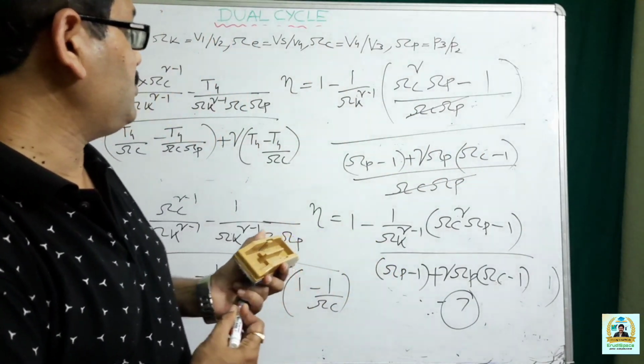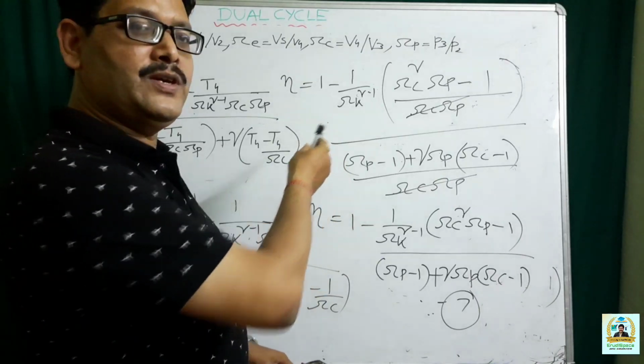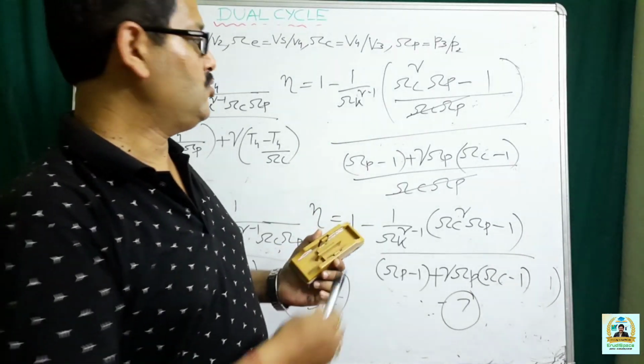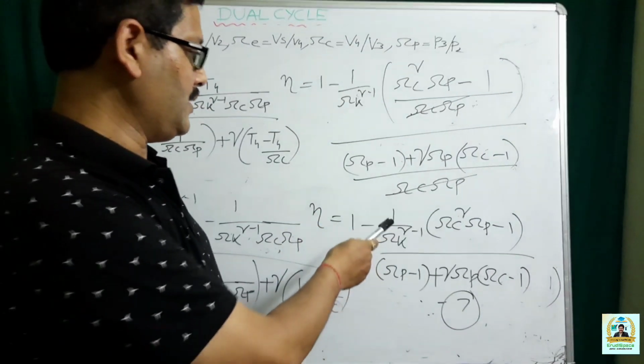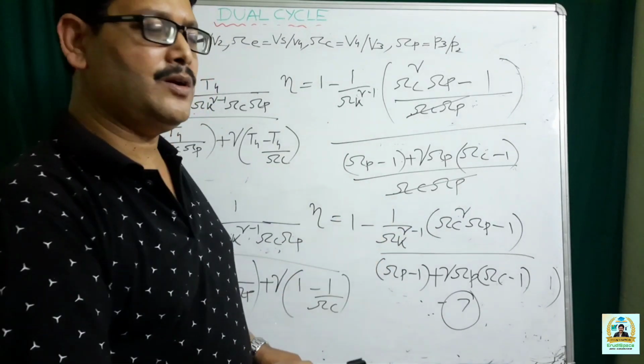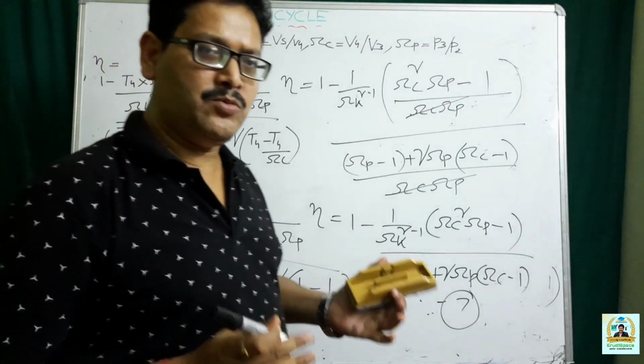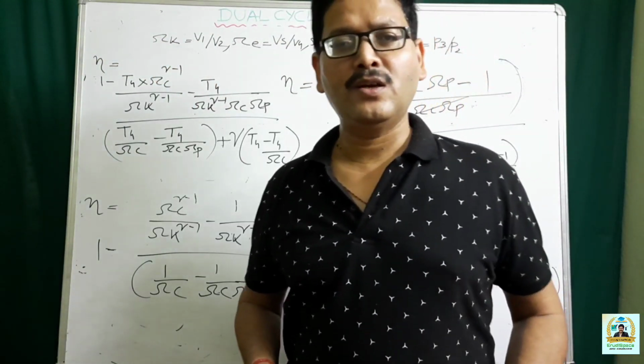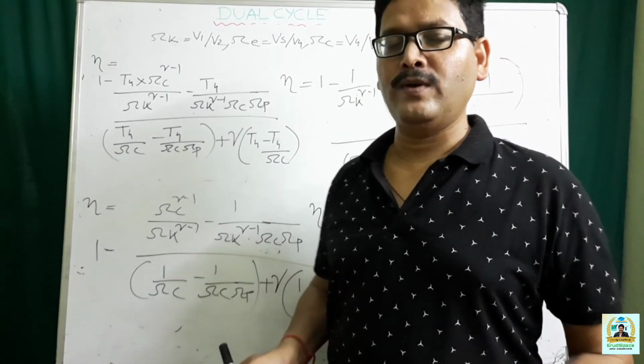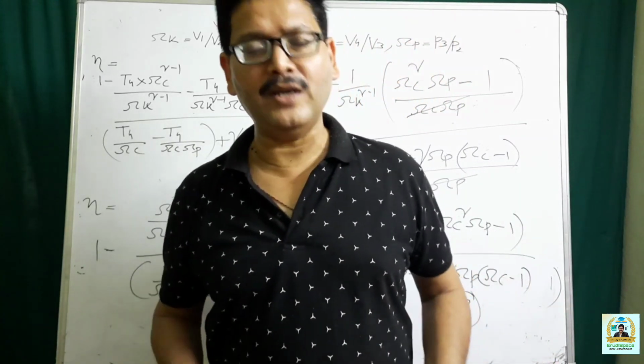So this is all about the efficiency of the dual cycle in terms of compression ratio, cut-off ratio and constant volume pressure ratio. Already we have derived the expression for efficiency in terms of temperatures at cardinal points.